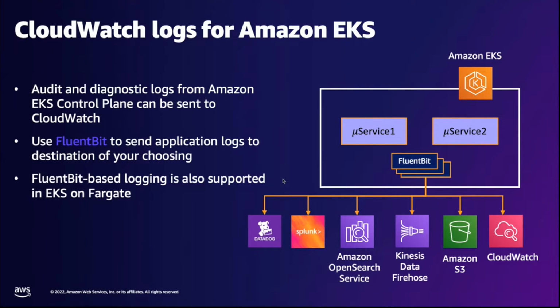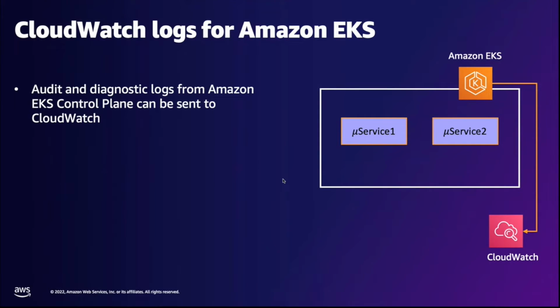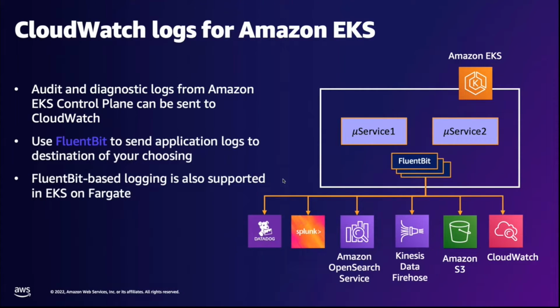It's the same thing, but rather than relying directly on CloudWatch and EKS to provide this view into CloudWatch, we are leveraging Fluent Bit-based logging with EKS on Fargate, for example, and you may integrate with existing monitoring tools like Splunk and Datadog. You may integrate with Kinesis Firehose and integrate Elasticsearch, OpenSearch, and so on and so forth.